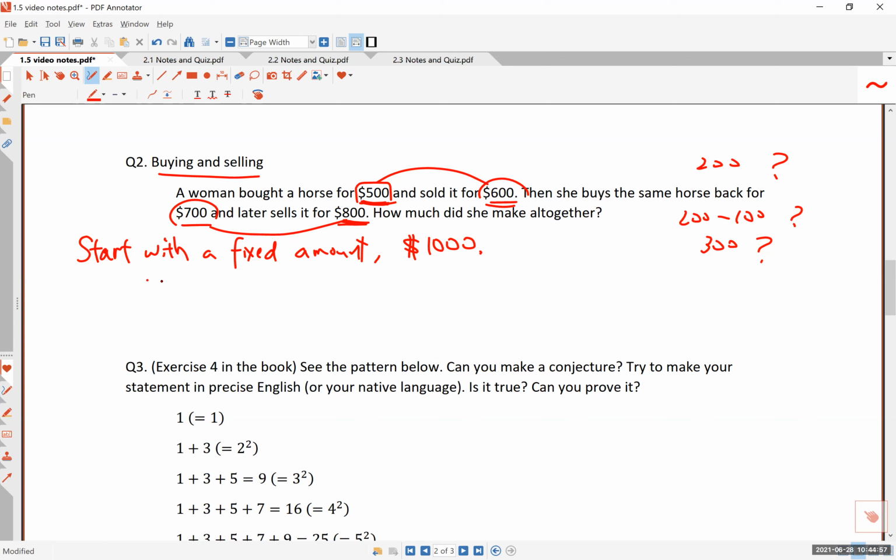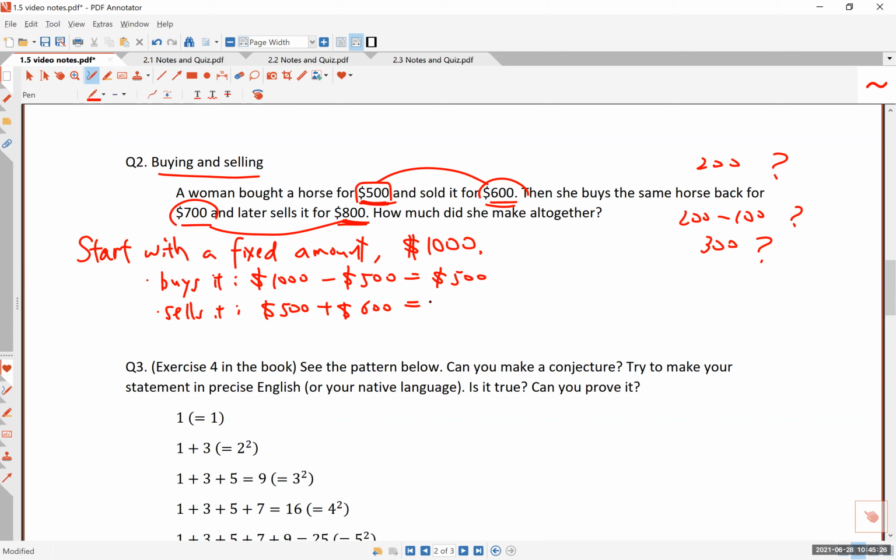Right now, she buys the horse. Now, $500 is spent. So now she will have $500 as a balance in her account and the horse, right? Now she sells the horse for $600. So she had $500 in her account.